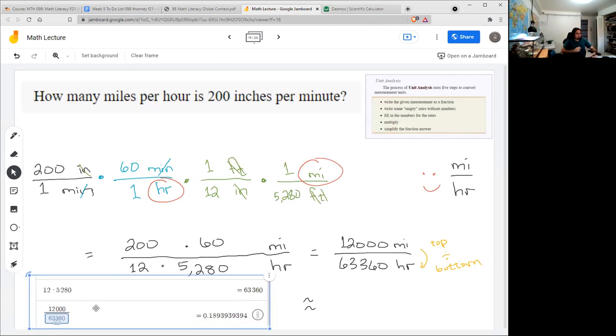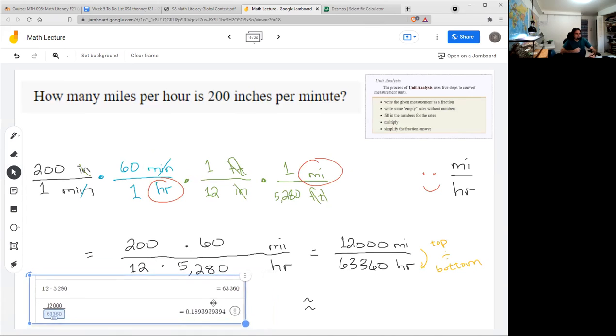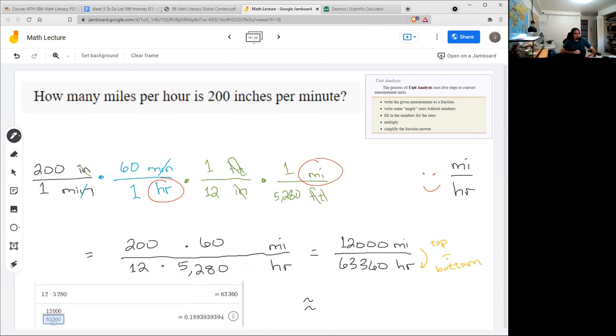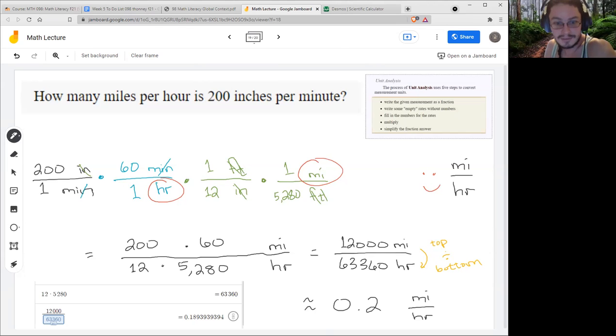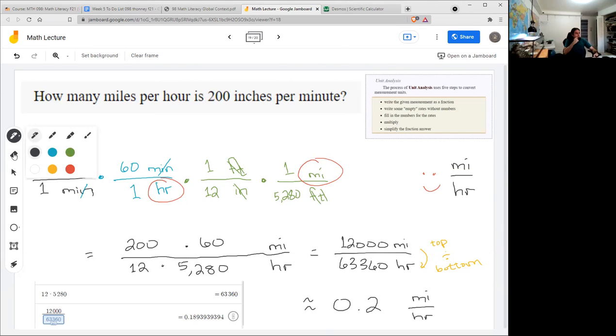We've talked an awful lot about rounding today. Let's actually put that to use. Is 0.2 miles an hour a good answer? Works. Yeah. That works. Could I write 0.19?